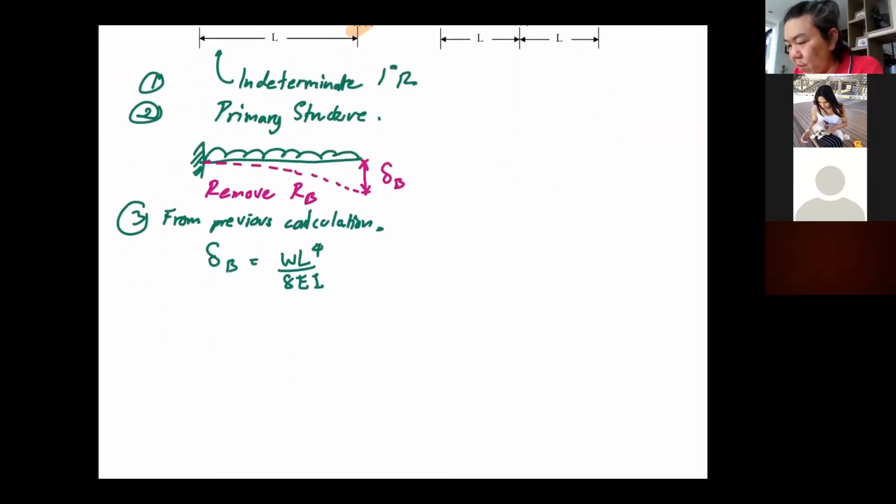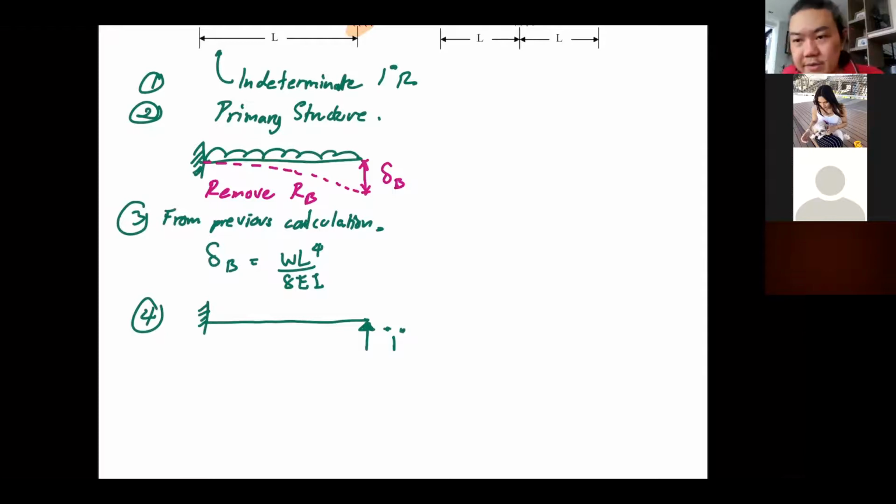Step number 4, I am going to calculate the deflection of the primary structure. So now you have a choice to call this RB or to call this 1, but I prefer 1.